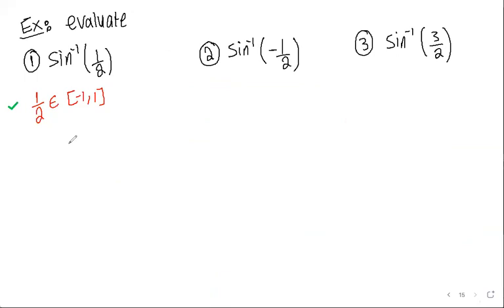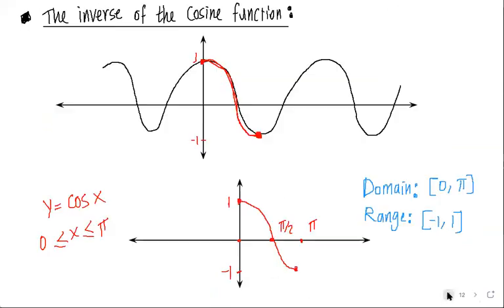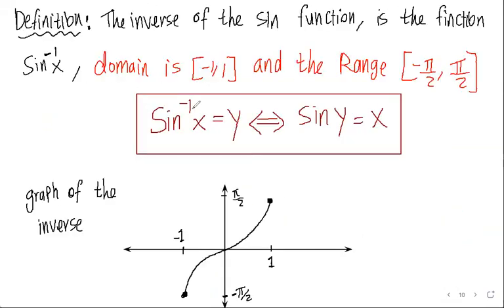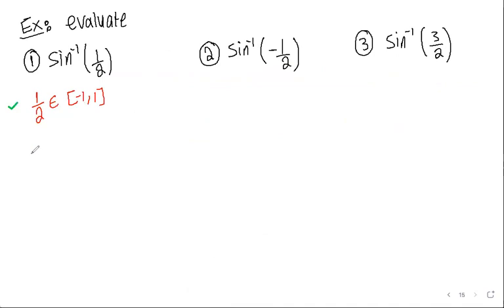Second step, using these properties: sine inverse of x equals y, then sine of y equals x. So sine inverse of 1/2 equals x, which is equivalent to sine of x equals 1/2.